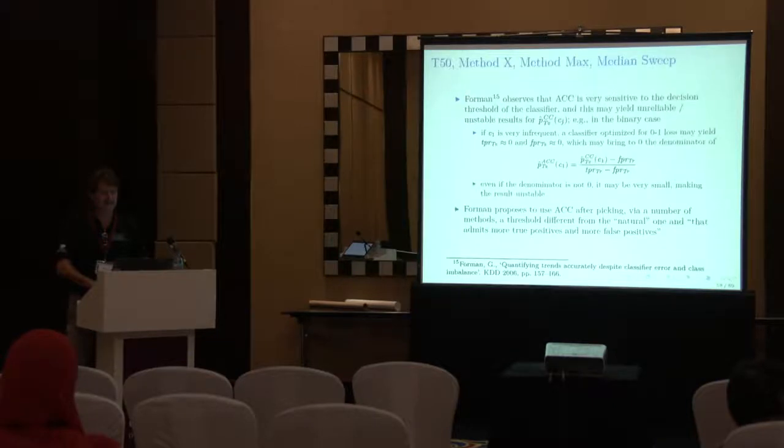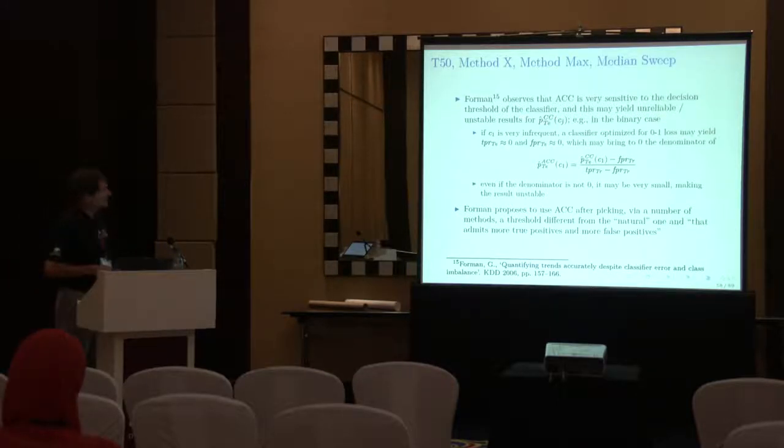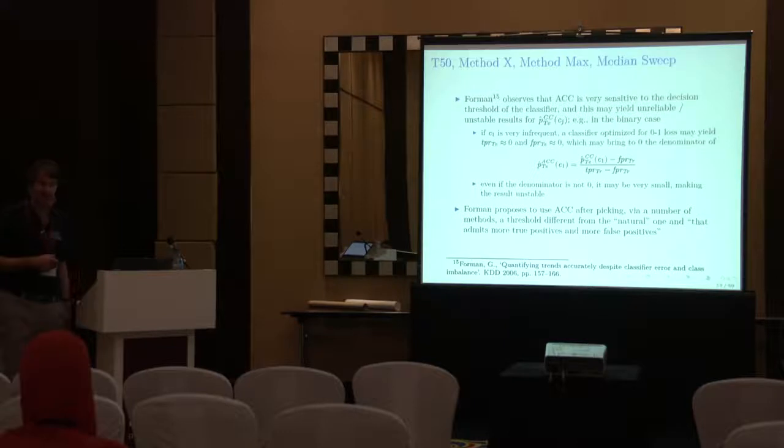Here he observed that this dependence on the threshold can yield very unstable results, especially when we are talking about infrequent classes. So take a binary classification problem in which the positive class is very infrequent.